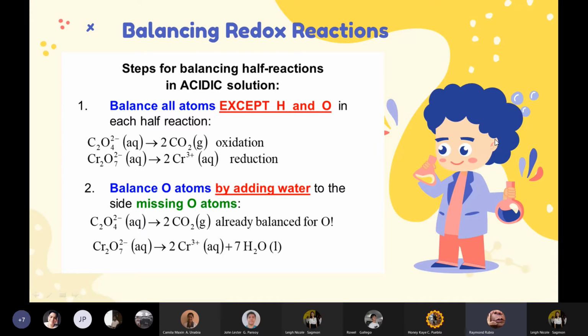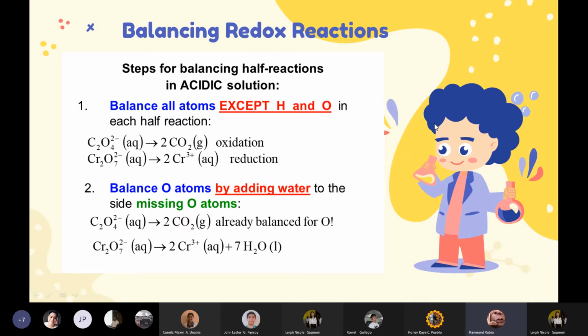C2O4 here, then CO2, so balance siya kay 2 times O2. So, that's 4, mahimo siyang upat ka oxygen atoms, then dire 4. So, okay na siya. Dire na may O7, but in this side, wala gihapon sa 2Cr3. So, mag-add ta og 7 ka H2O molecules.